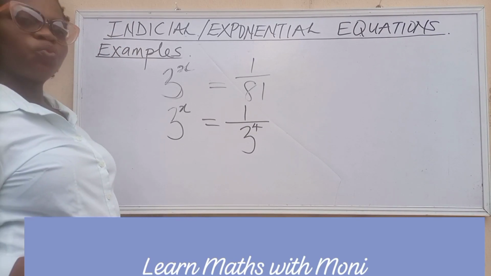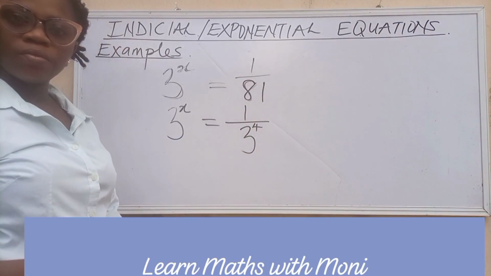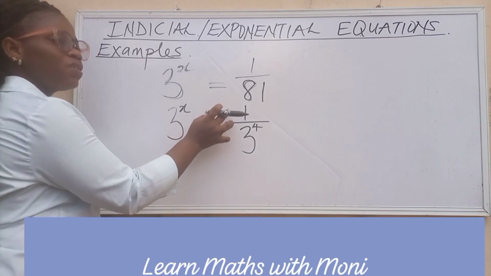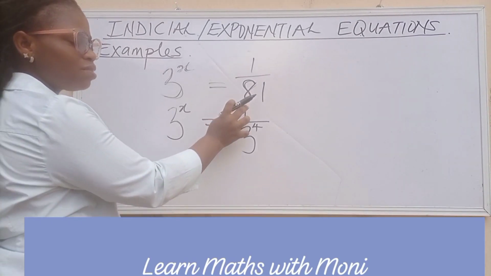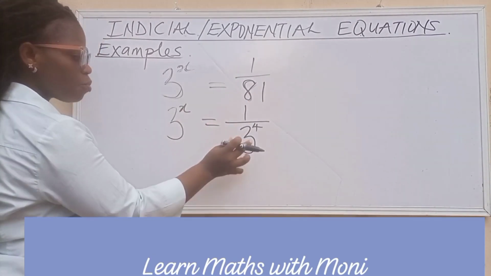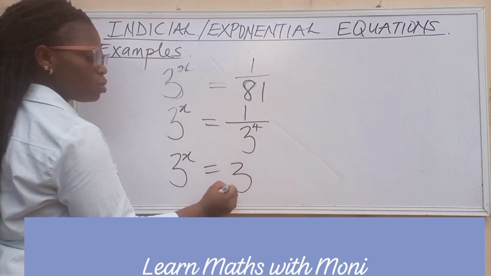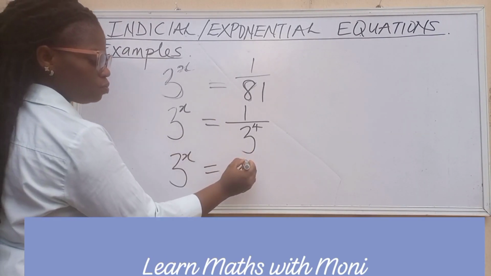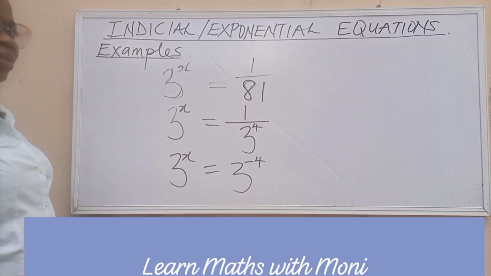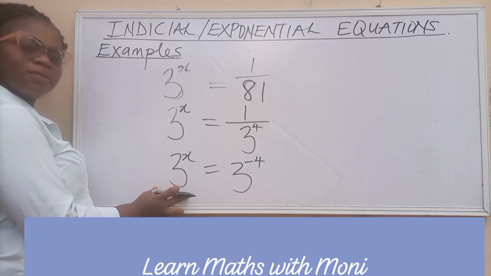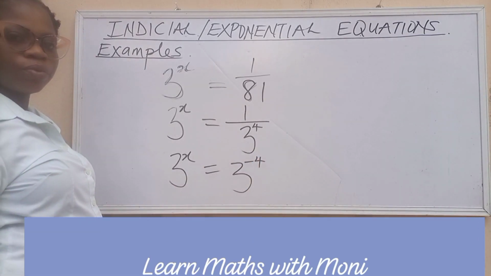We know that 3 raised to power 4 is the same thing as 81. So, using the inverse law of indices, or the negative power of indices, I am going to rewrite 1 over 3 raised to power 4 as 3 raised to power minus 4, so that I have 3 raised to power x is equal to 3 raised to power minus 4.